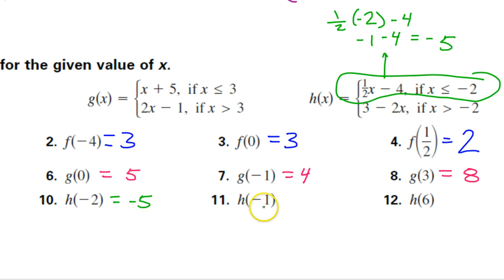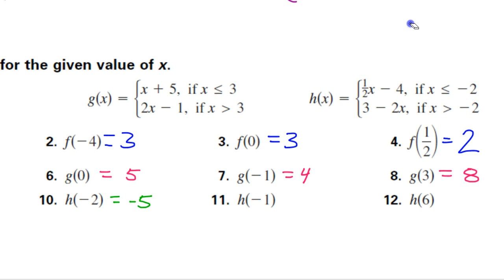Now number 11. Now we're doing h at -1. Is -1 less than -2? No. -1 is greater than -2.